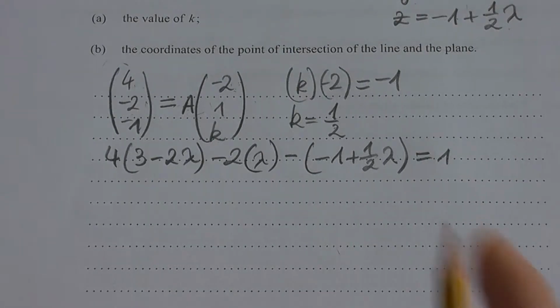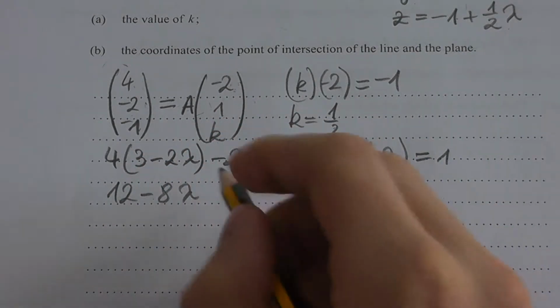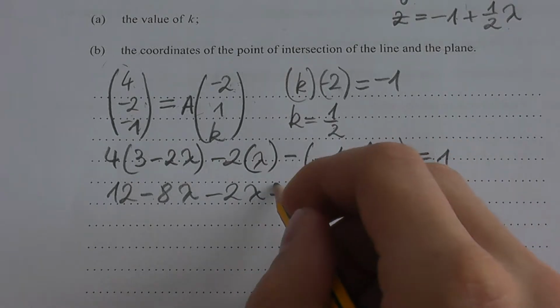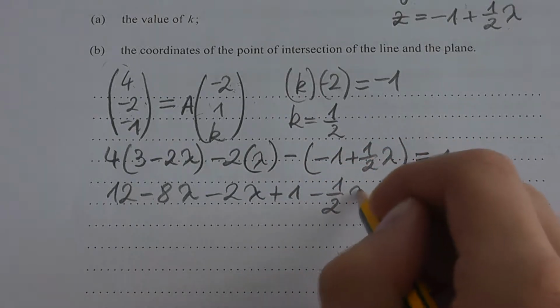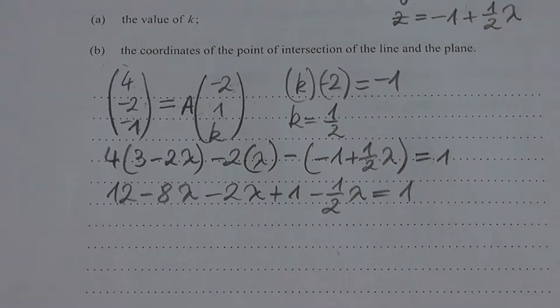And how do we find the parameter? This is quite simple. So 12 minus 8 lambda minus 2 lambda plus 1 minus a half lambda. Again, you don't have to use lambda. I was taught to use lambda, that's the only reason.